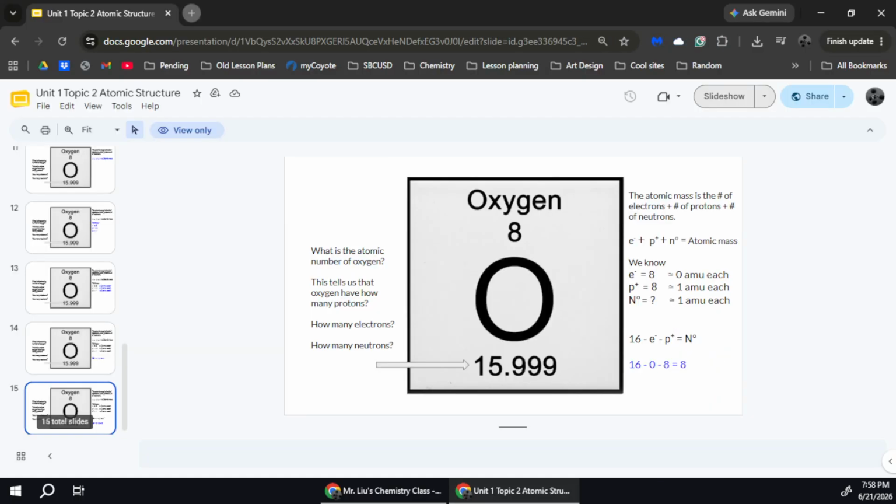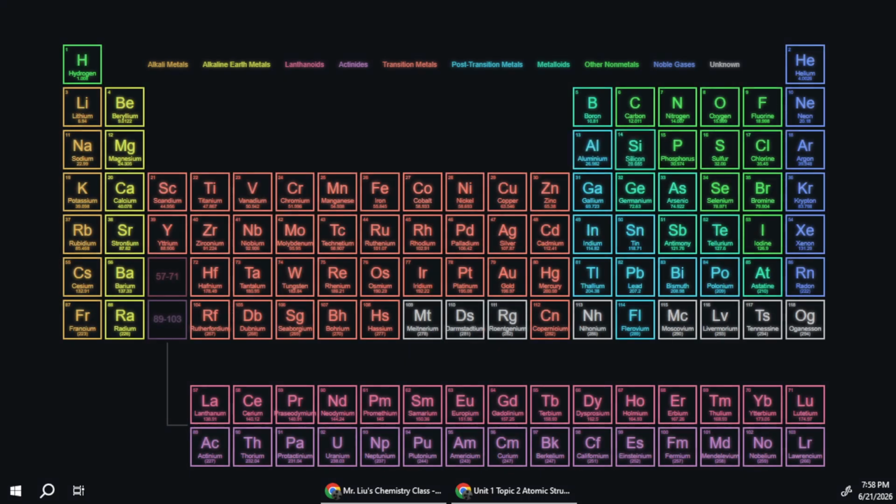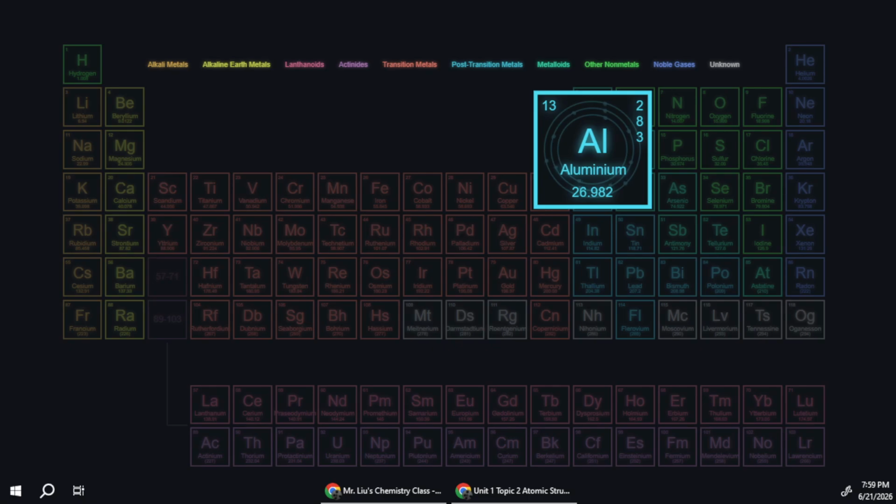So let's look at our periodic table. Okay, let's do aluminum, a common one. So again, our atomic number is 13. So 13 tells us we have 13 protons. We also have 13 electrons, but how many neutrons do we have?